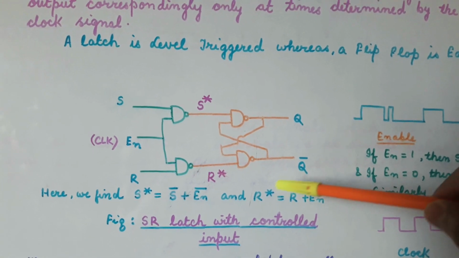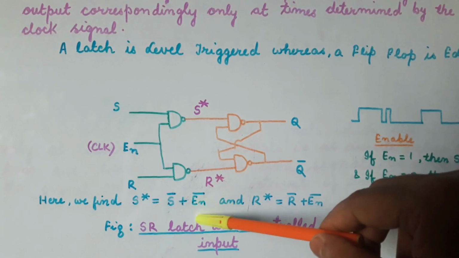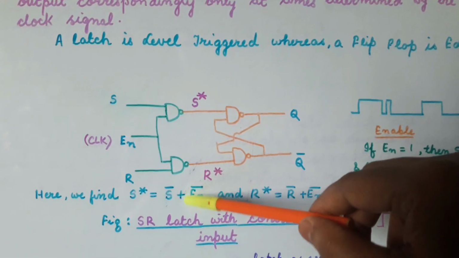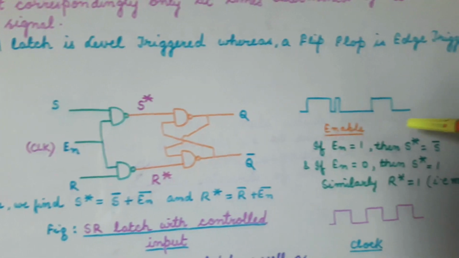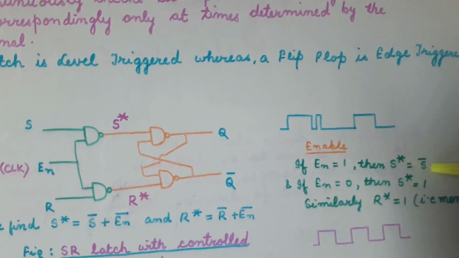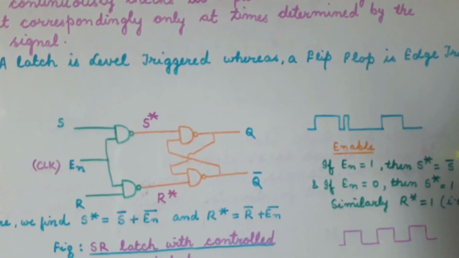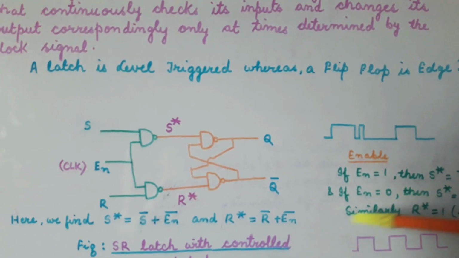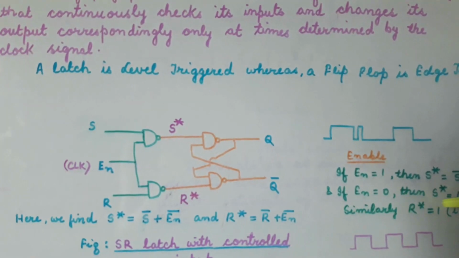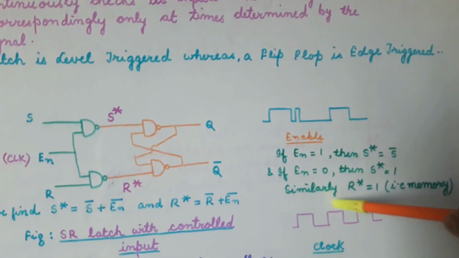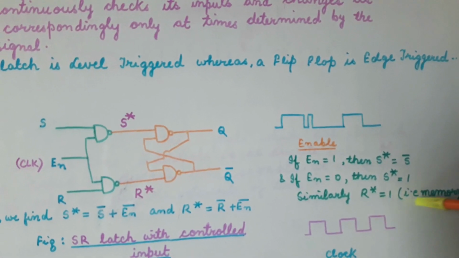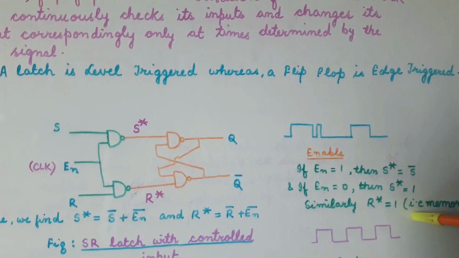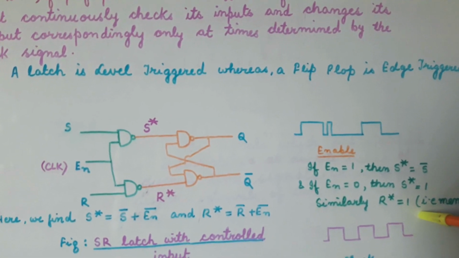So, if enable is 1, then the En complement term will be equal to 0, and in that case the value of S star will be equal to the complement of S. When enable is equal to 0, then the value of S star will be 1, and similarly the value of R star will also be equal to 1. That is, in that case we will get the memory.